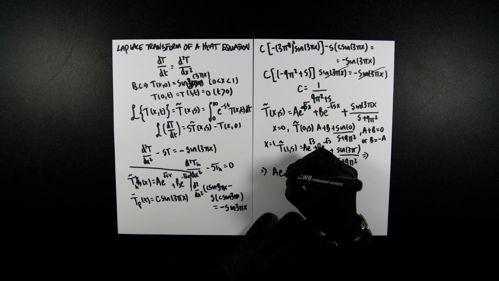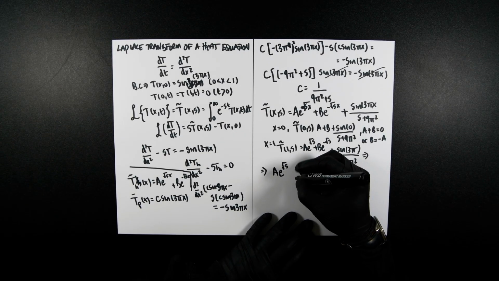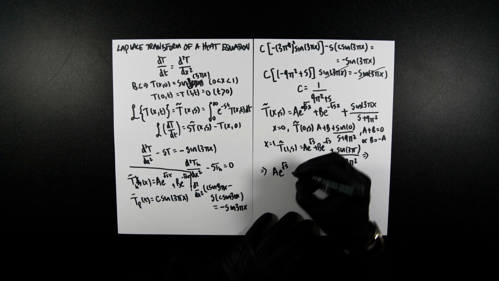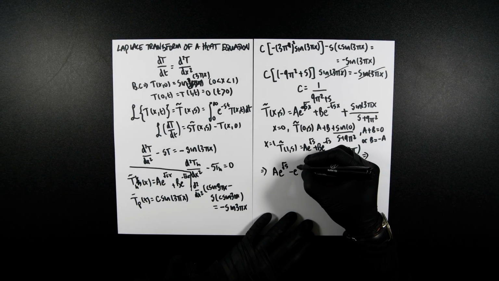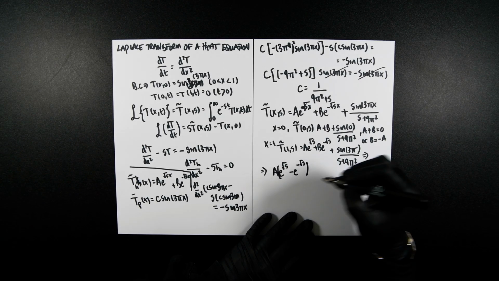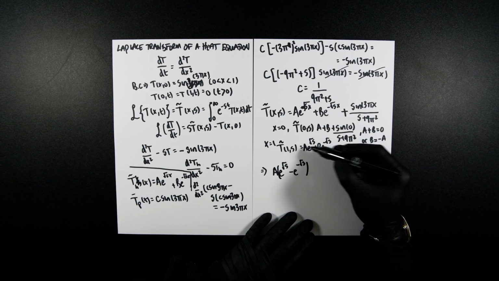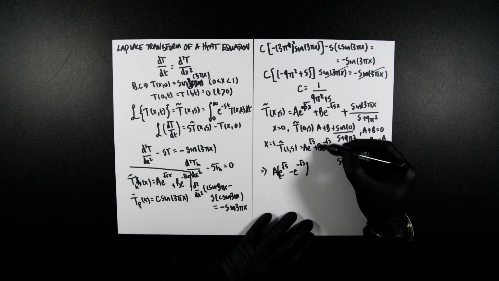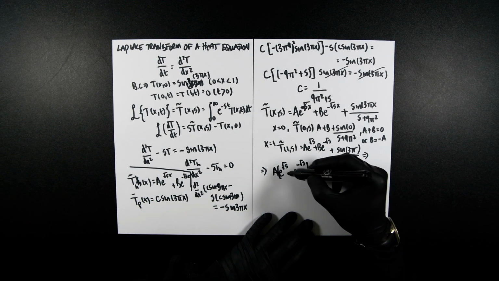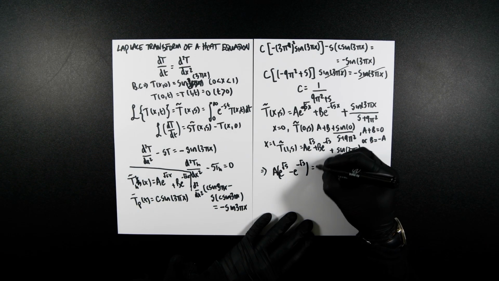A times e to the root s minus e to the minus root s. Why has this A come out? Because remember, B equals minus A. So we can substitute this B for a minus A and then just pull the A out. That's a genius.